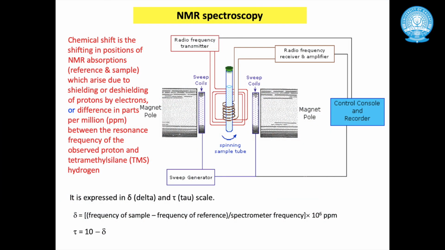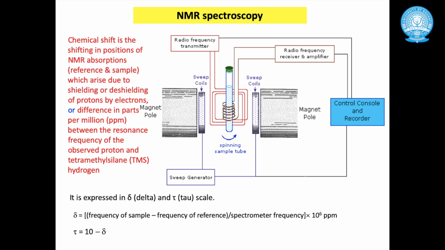In this NMR spectrum, we see chemical shift, which is represented by delta in parts per million, and there is the hertz, which is the frequency of the NMR instrument. The NMR instrument gives out an electric field, which is recorded as radio frequency.